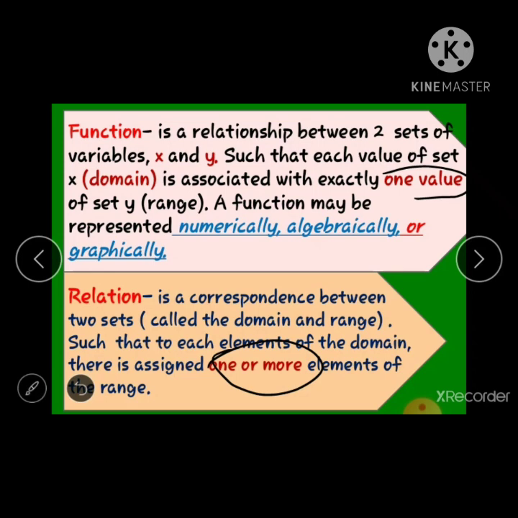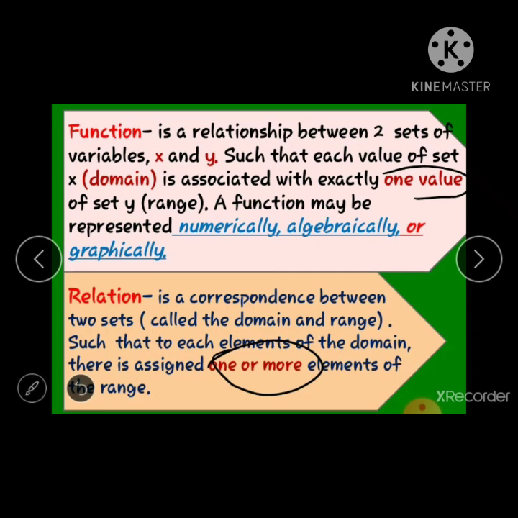And a relation is a correspondence between two sets called the domain and range, such that each element of the domain is assigned one or more elements of the range.